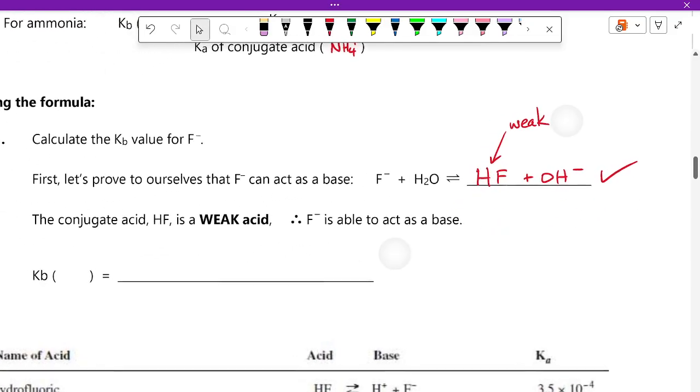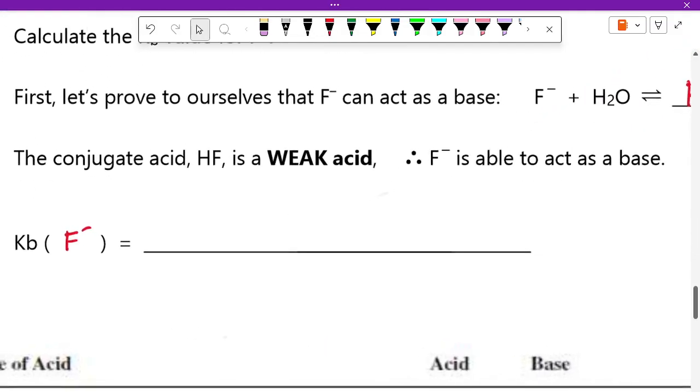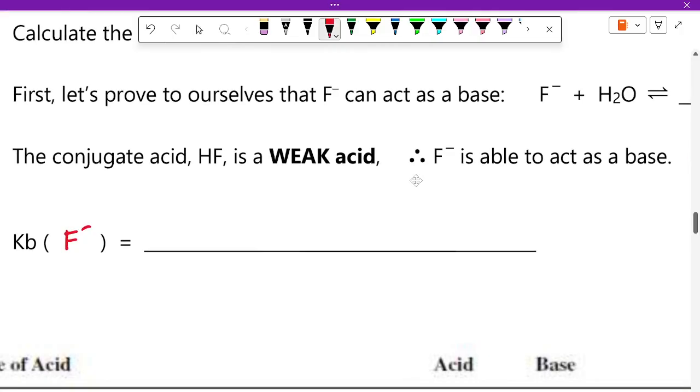Okay, the conjugate acid, HF, is a weak acid, therefore F minus is able to act as a base. So in order to find the Kb of F minus, what does that equal? Kw over Ka of the conjugate acid.